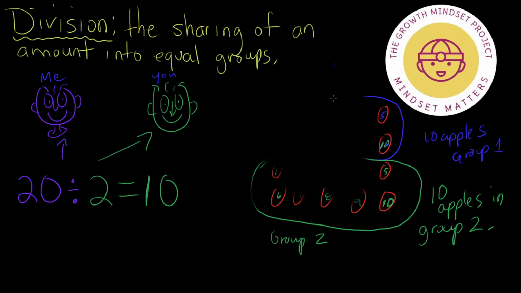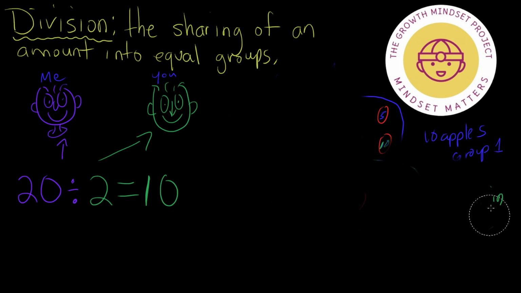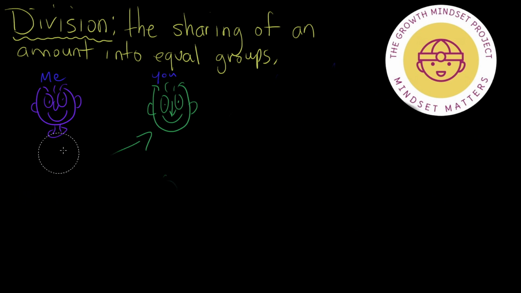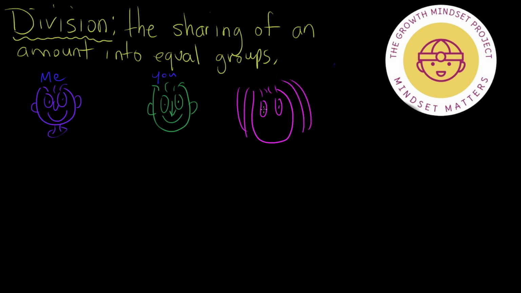Let's do another one. Let's imagine now that we're going blueberry picking, okay? But somebody else is going to join us. We're going to have somebody else come along. So here's that person, and they're coming along.